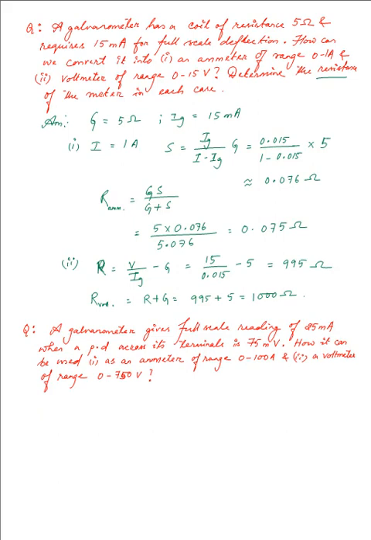We have the galvanometer resistance that we wish to find, because that's not given over here, and without that we cannot really have the formula to obtain those shunt resistance and the multiplier resistance, because that is what we have to find in order to convert it to a certain given range.